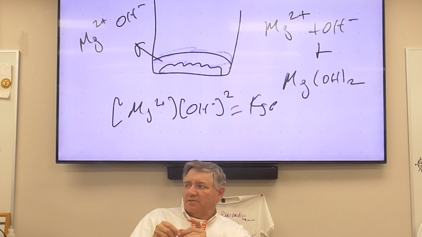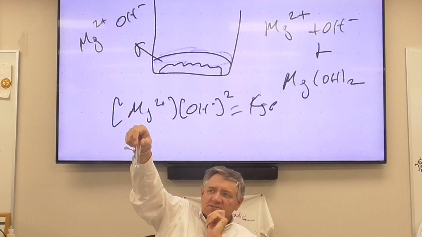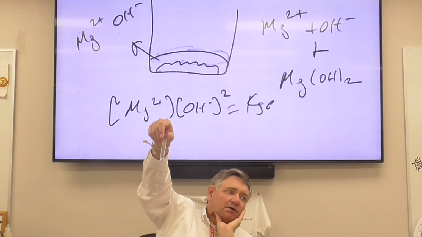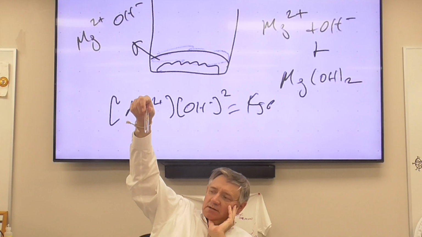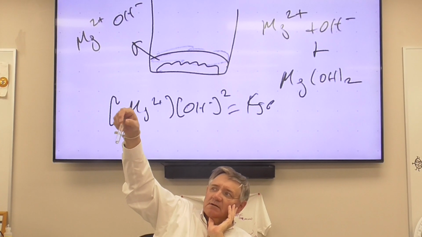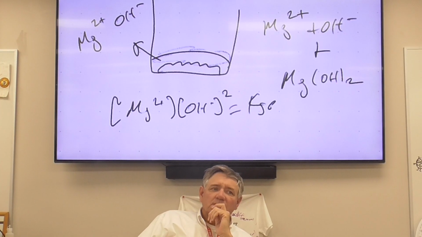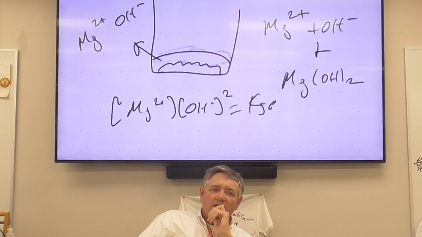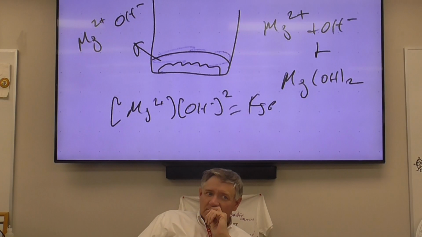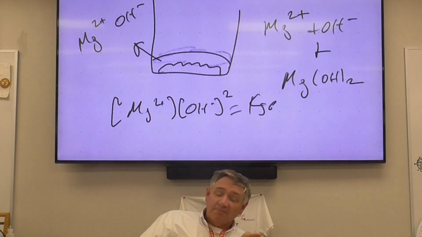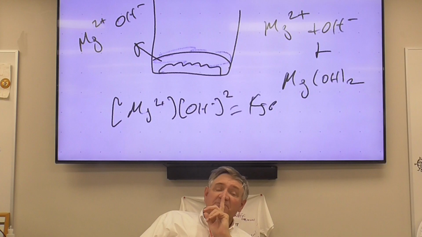Now the solution went clear. So here's my question. How did adding hydrochloric acid make that precipitate dissolve? With the OH-, it formed water. The H+ from the hydrochloric acid, true. So how did that make it dissolve?